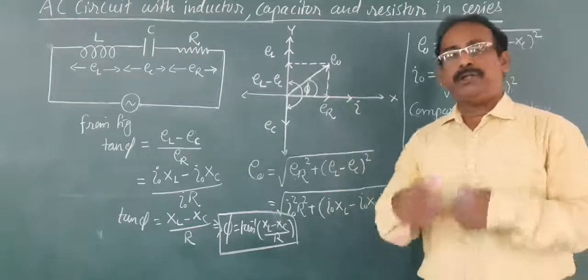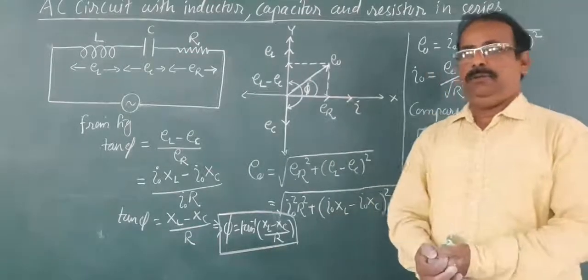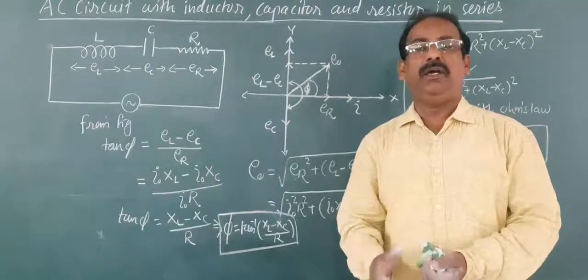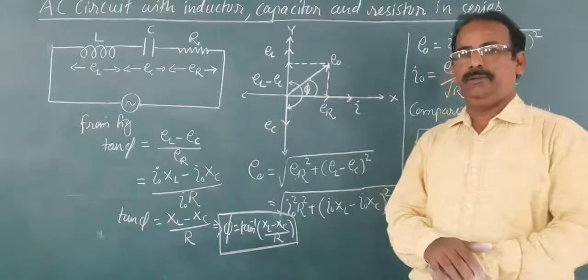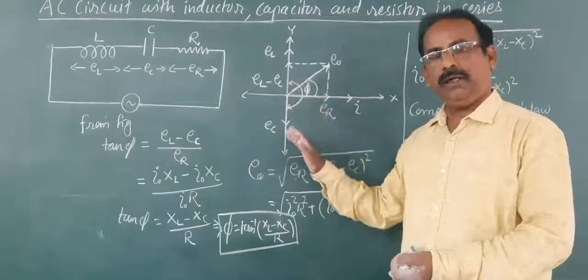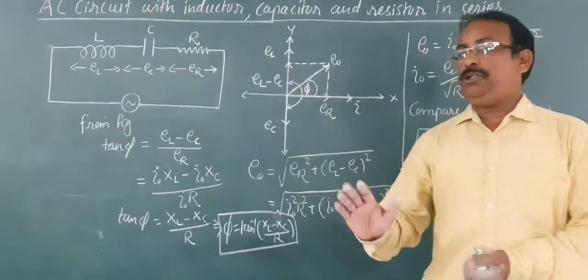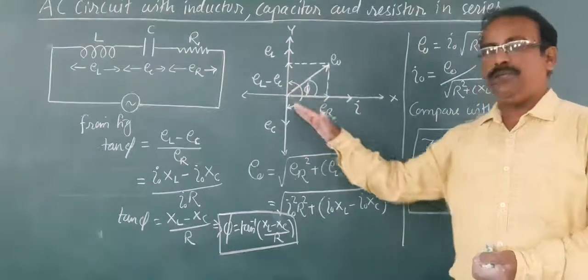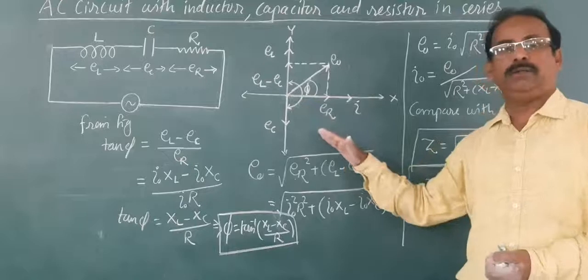If EC is greater than EL, the resultant of the two will come in negative y direction. In that case, net EMF will come in this fourth quadrant.